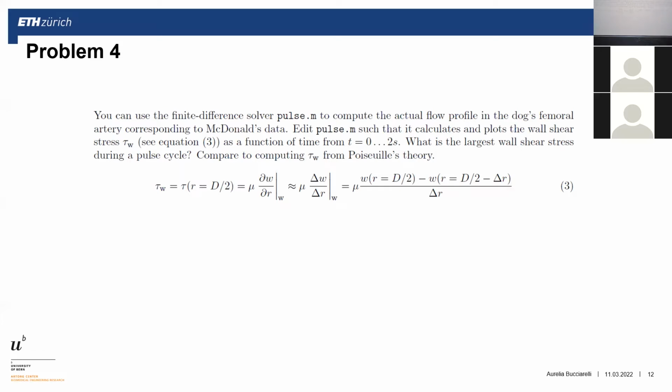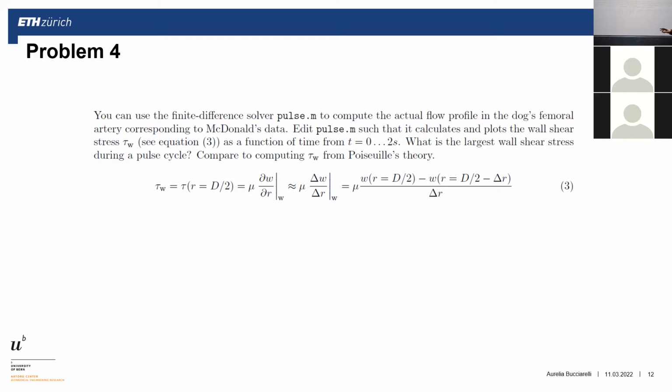to compare. So you need to compare this equation that you have here, which you can put in directly in the MATLAB script, plus the one that you calculated. You can compare it to the Poiseuille theory.